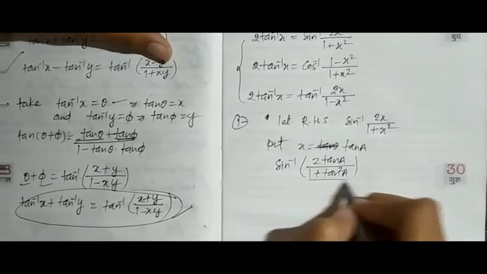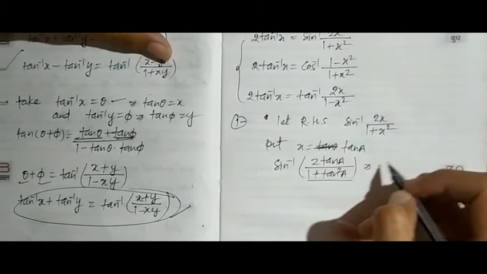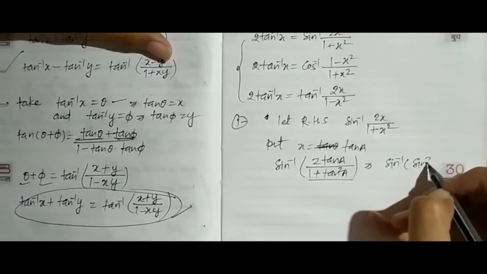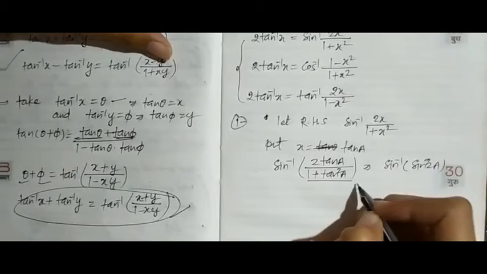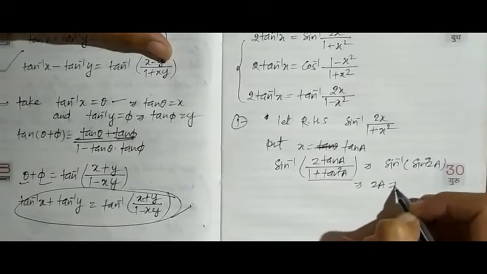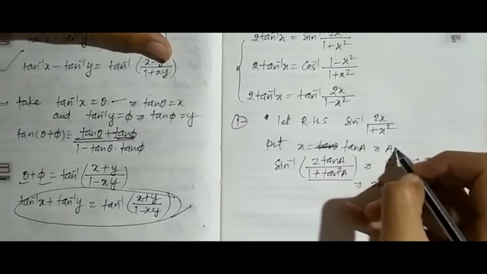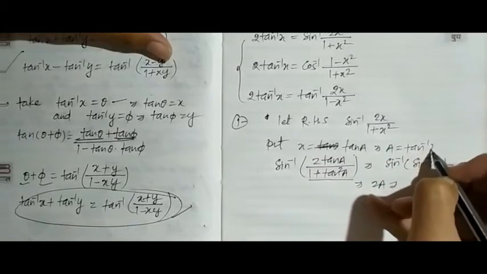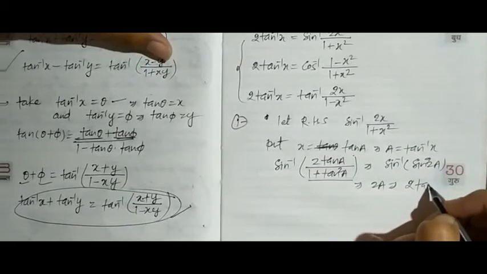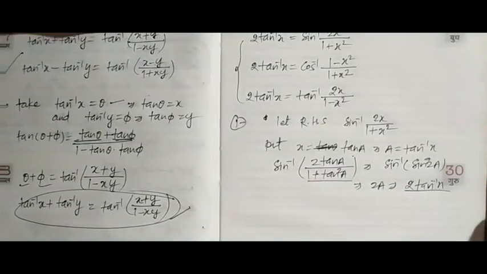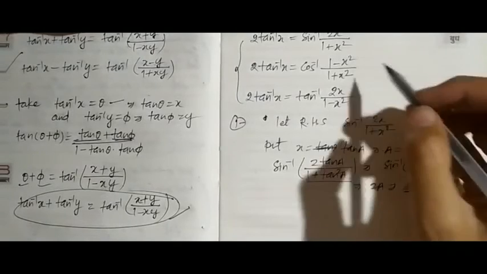You already know this formula. This can be written in the form of sin 2a. Then the whole value becomes 2a, and a will be considered as tan inverse x. So you can write 2 tan inverse x. This is the required result. The same process is applied for all three formulas.